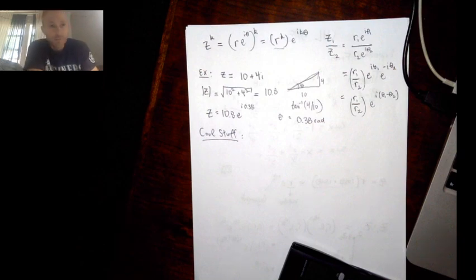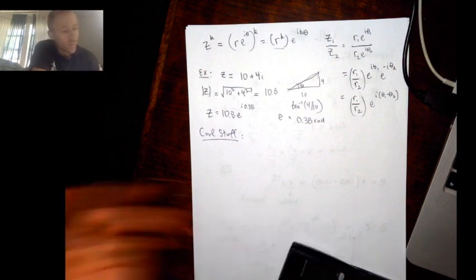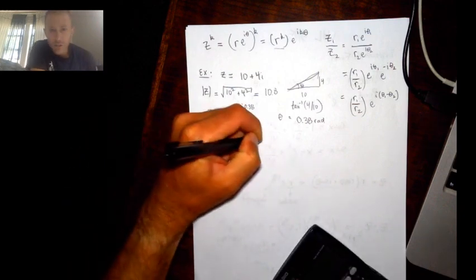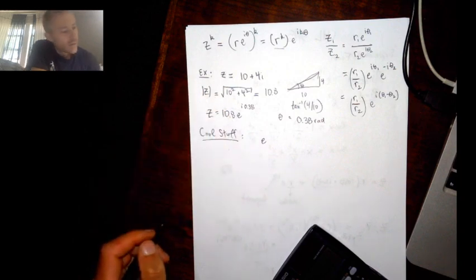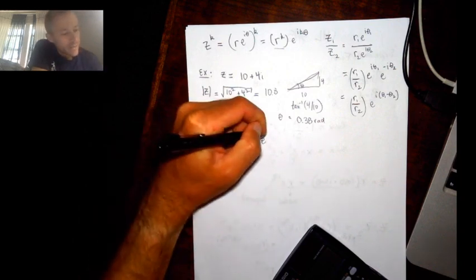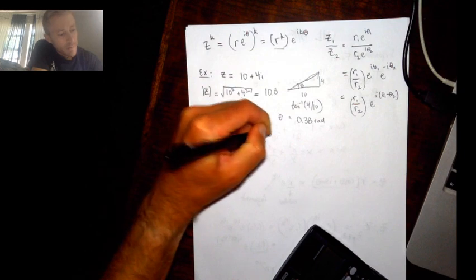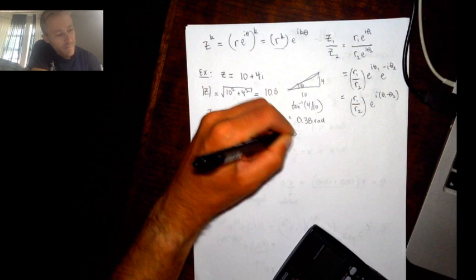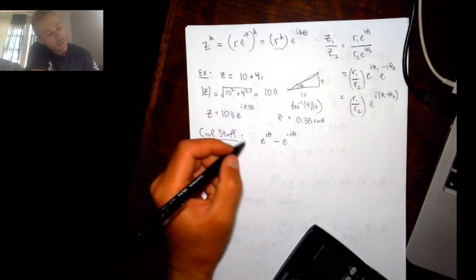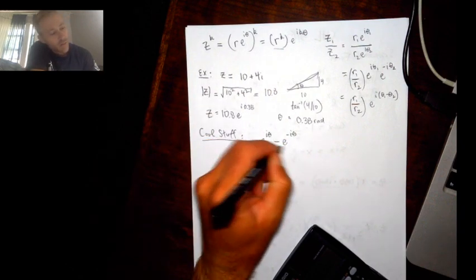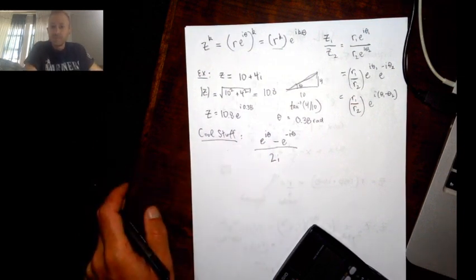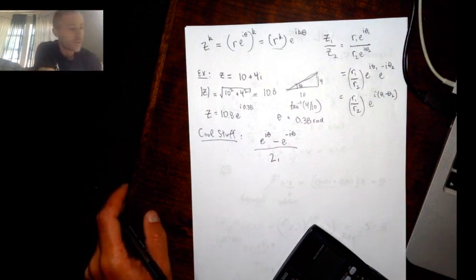For example, what if I took this really weird combination? What if I took e to the i theta minus e to the minus i theta over 2i? What if I just computed that combination?